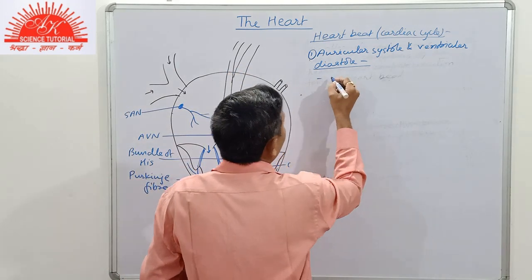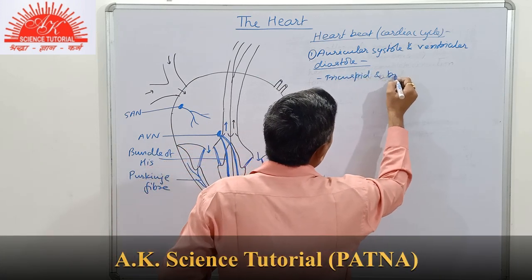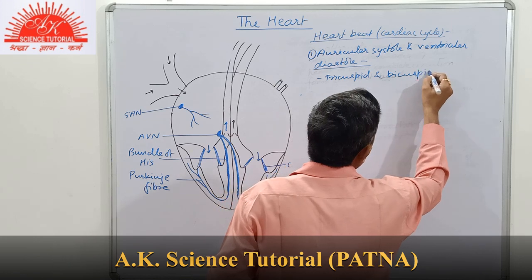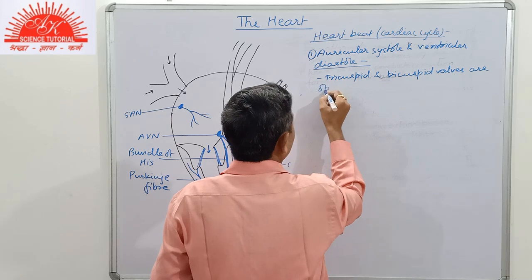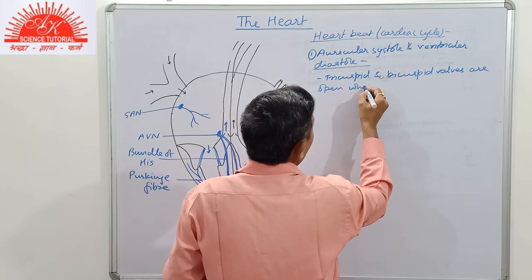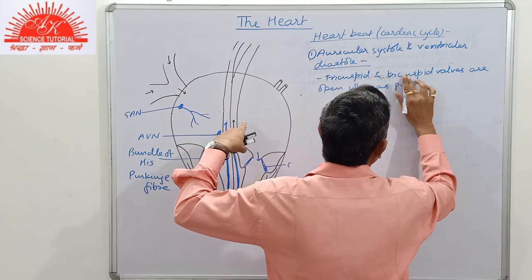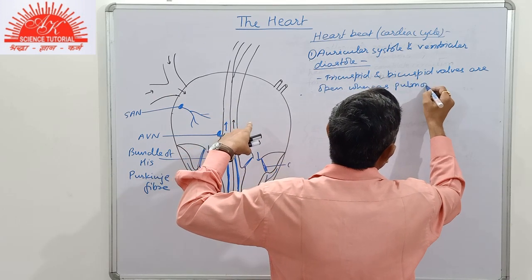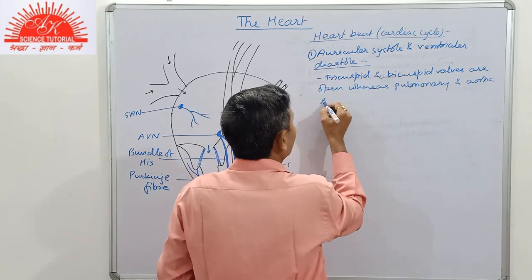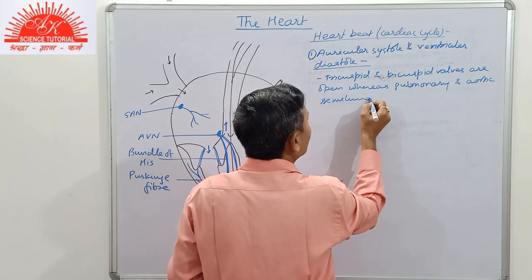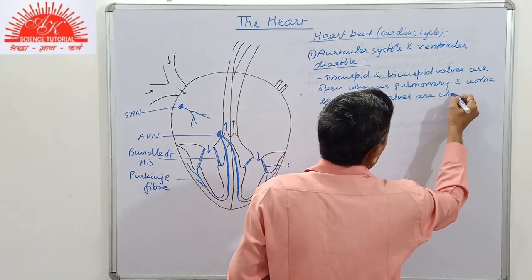So we write here, tricuspid and bicuspid valves are open, whereas pulmonary and aortic semilunar valves are closed.